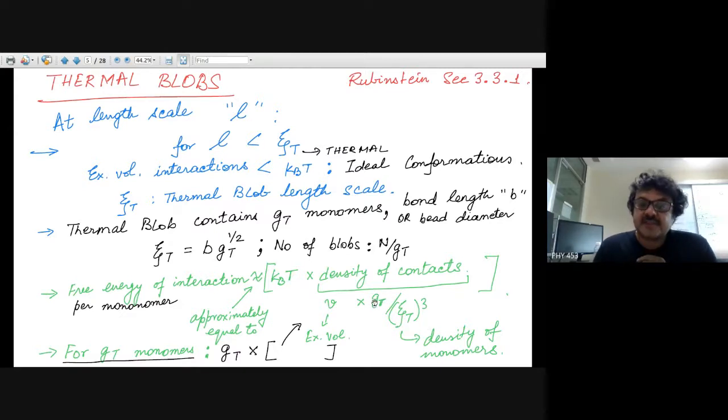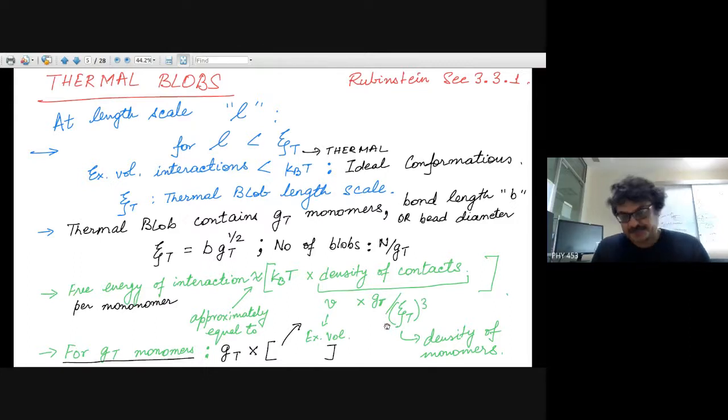The density of contacts will depend upon the density of monomers, and that is equal to GT, the number of monomers in volume zeta T whole cube.